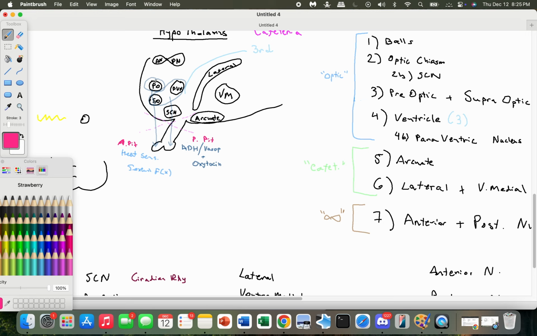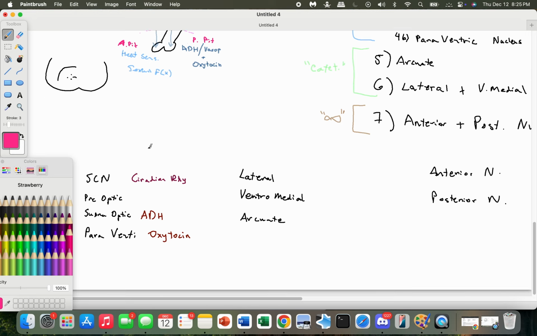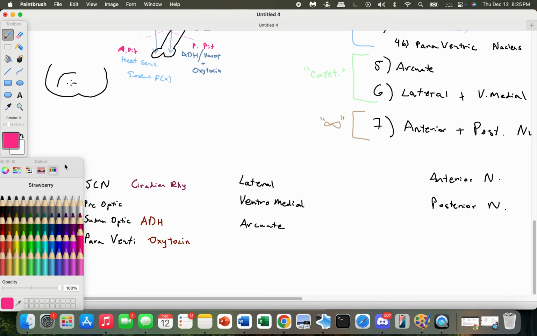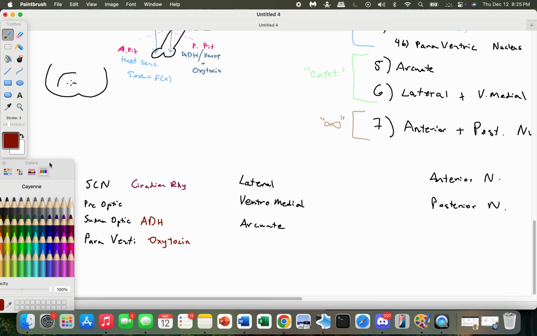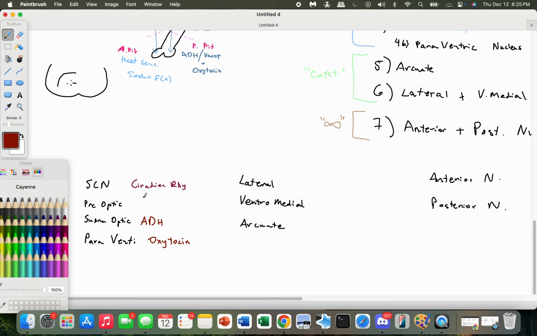Okay, so then let's just fill the table in. The preoptic nucleus, that's going to be involved in thermoregulation and sexual behavior. Okay, that's this group right here.